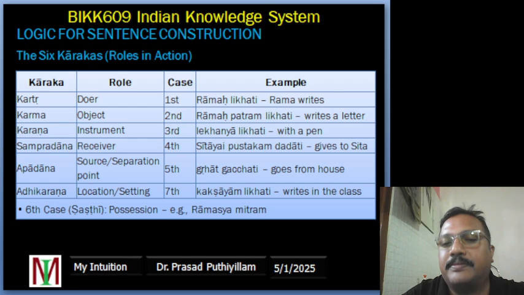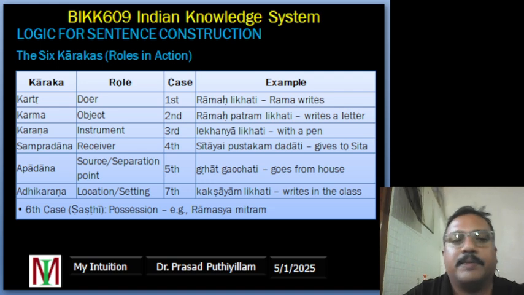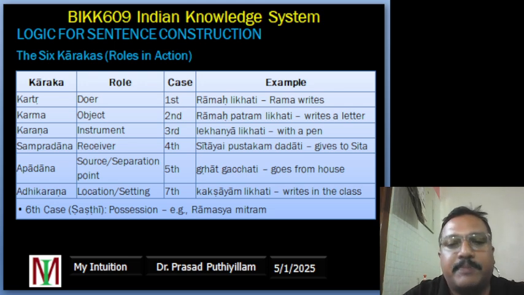The sixth one is used for possession or association. Like if I want to say Rama's friend, it becomes Ramasya Mitram. Same way, if I say it's my friend's book, you have to say Mitrasya Pustakam, like that. Okay, moving to the next slide.